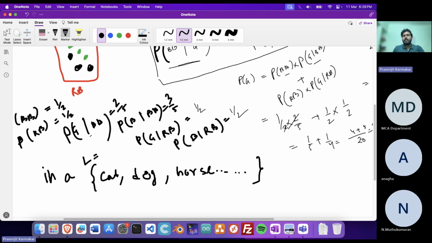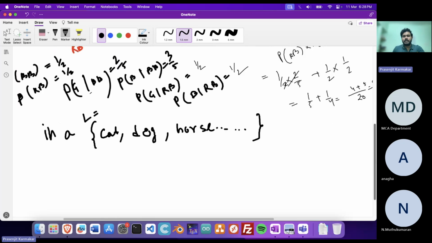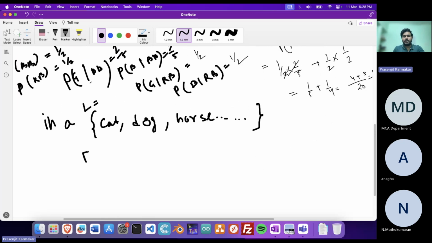I want to classify from this label set, and my feature set is something like height, weight, and then again color.